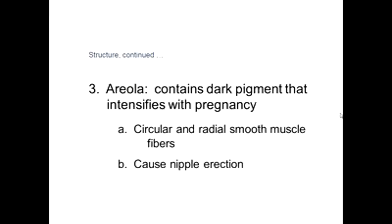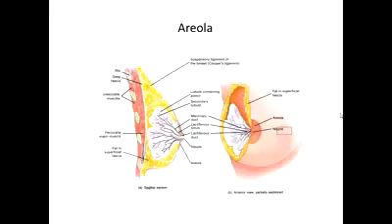The areola contains dark pigment that intensifies during pregnancy and lactation, and circular and radial smooth muscle fibers that cause nipple erection at the time of lactation. So in the right picture, in the anterior view, you can see the pigmented area around the nipple is called the areola.